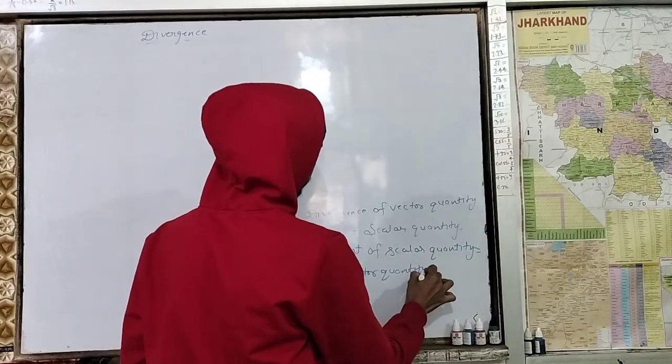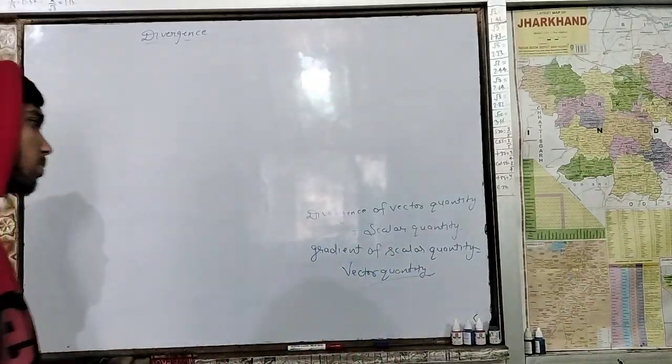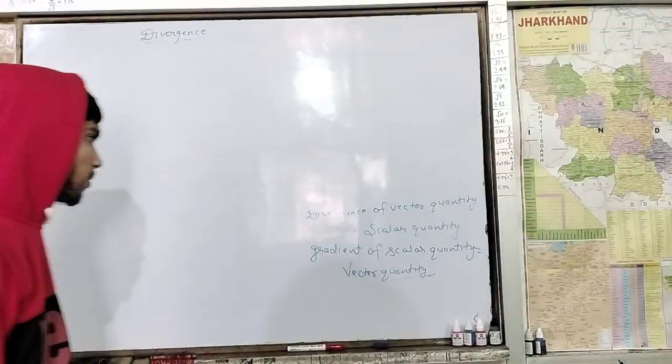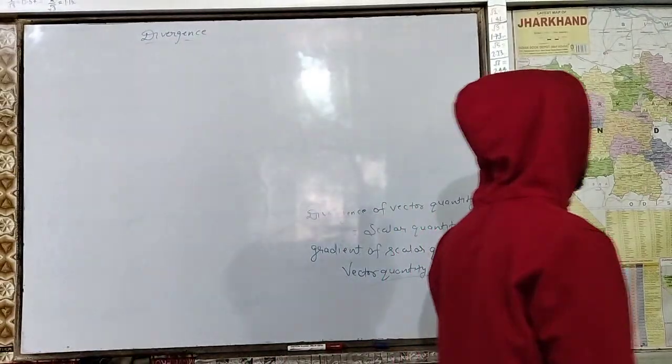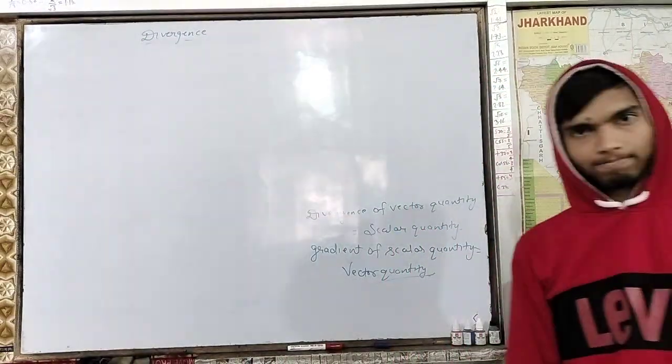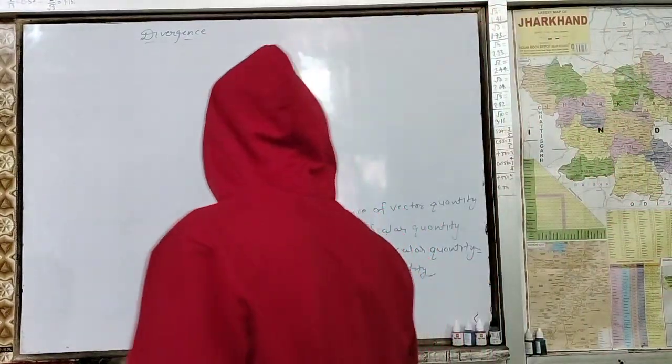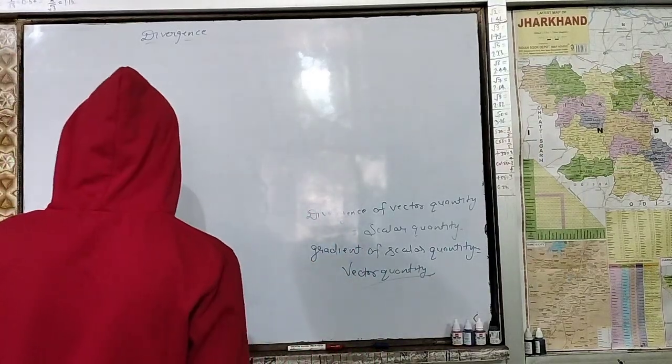Am I correct? Opposite: divergence of a vector quantity will provide a scalar quantity. Gradient of a scalar quantity will provide a vector quantity. This is a fact.